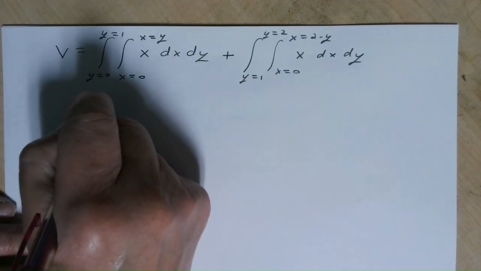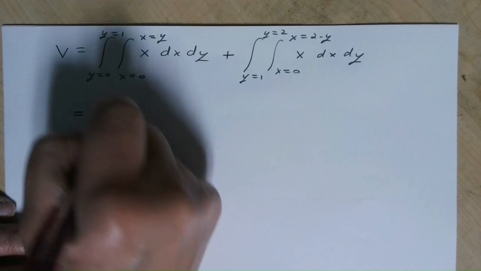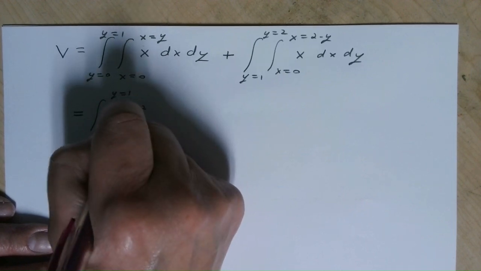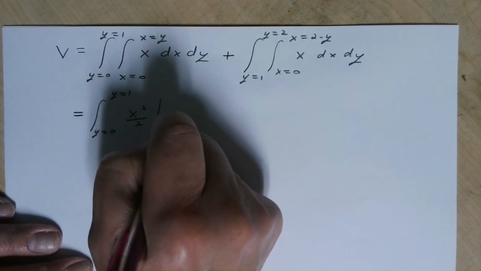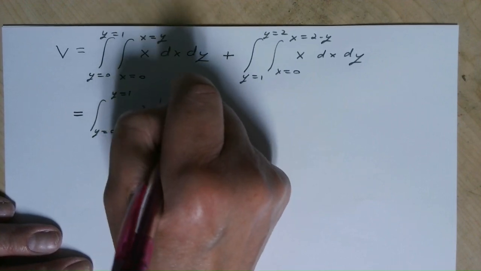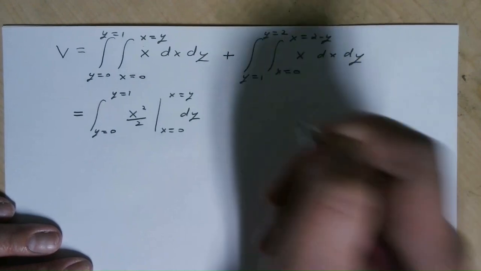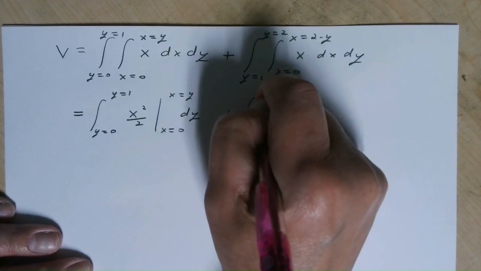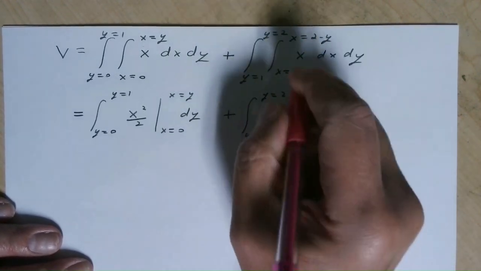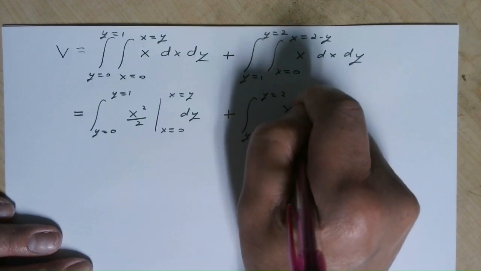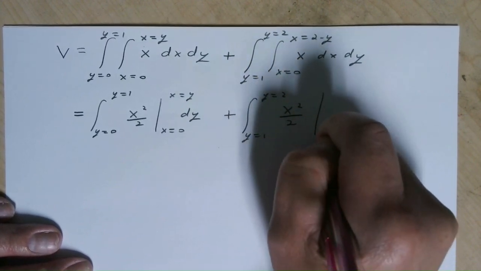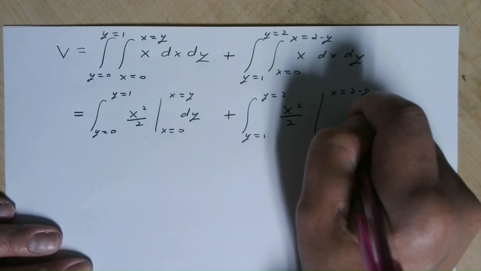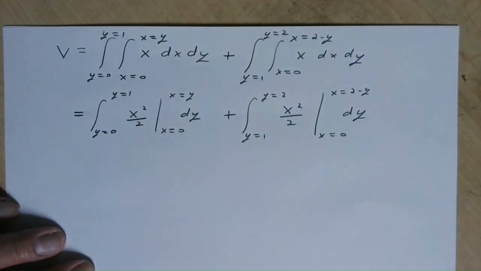Integrating with respect to x first. This is going to be x squared over 2 from x equals 0 to x equal y dy. Then on this one, again, it's going to be x squared over 2, but the bounds are from x equals 0 to x equal 2 minus y dy, like this.